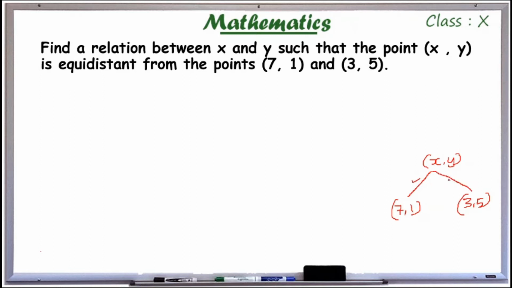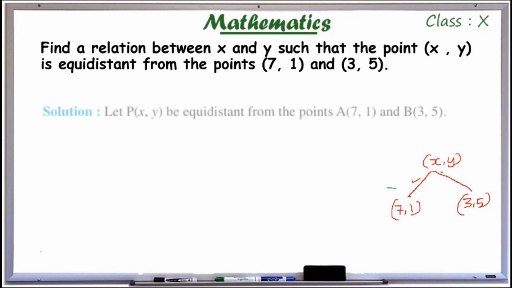So both these distances are equal. Suppose it is 5, it is also 5. Now I have to find the relation between this x and y. For that I have to find the distance between (7, 1) and (x, y), then (3, 5) and (x, y). So both the distances are the same.